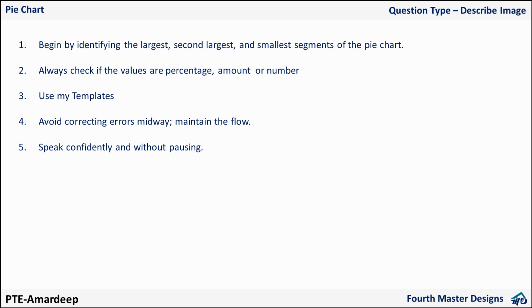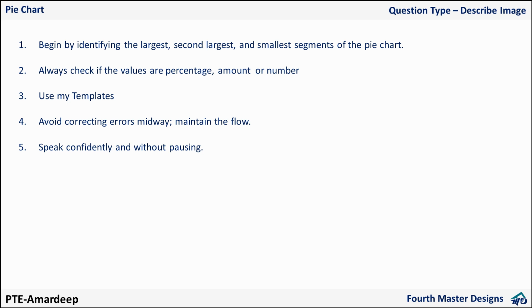Clarity is more important. To summarize, figure out the highest, second highest and lowest, then use my template, and do not pause, do not hesitate, do not stammer, do not correct yourself. That's all, you can score 15 out of 15 in the pie chart.